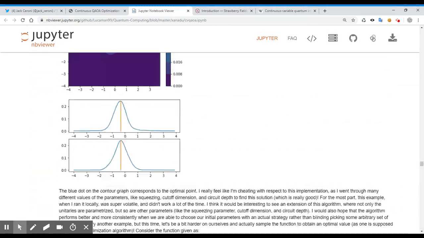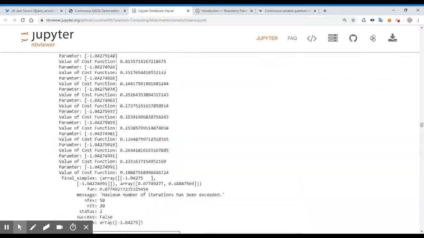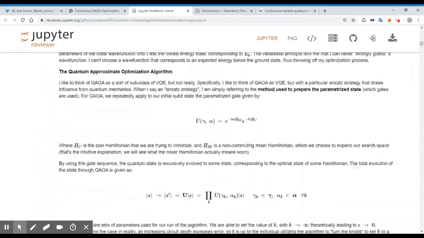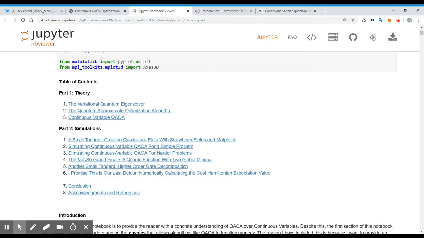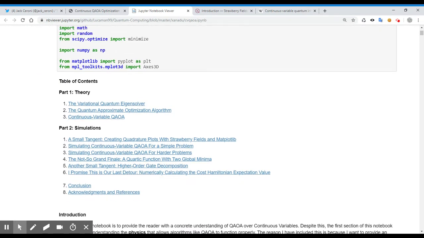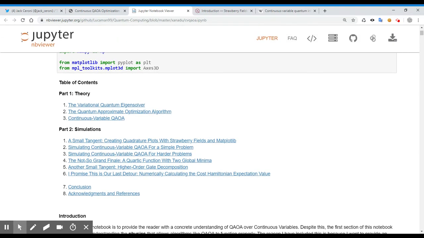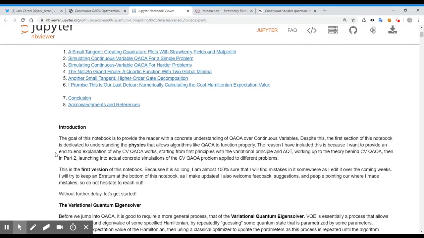So there's quite a lot of stuff, but I'm guessing that it's worth going through. I guess it's worth going through the theory part if I can.